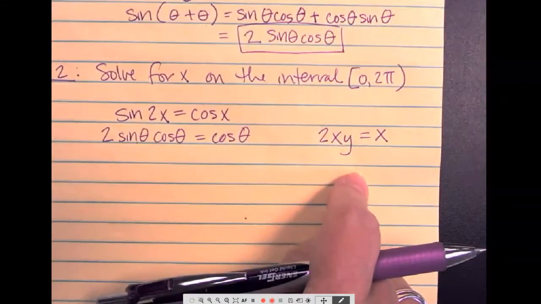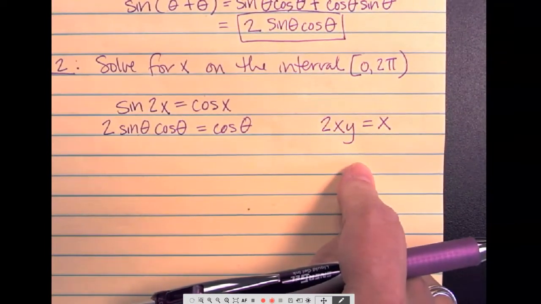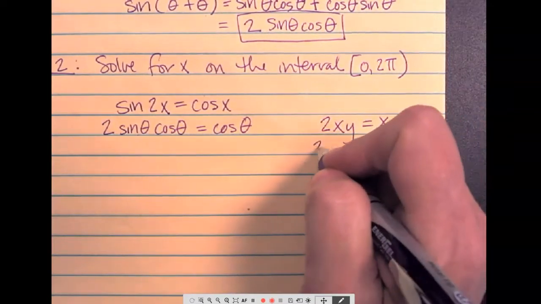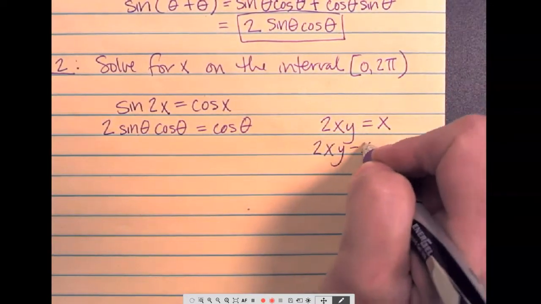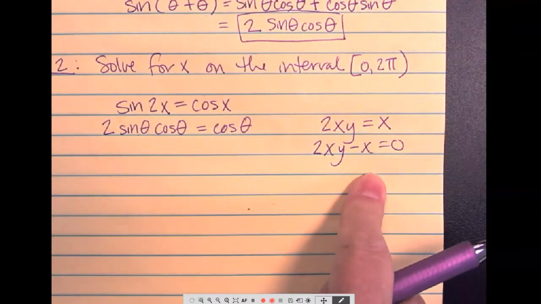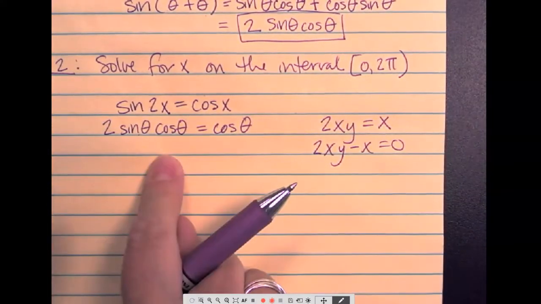I'd still be getting rid of a variable, though. I would subtract x. And then what? Because those aren't like terms. Factor out the x. Okay, that's what we're going to do here.